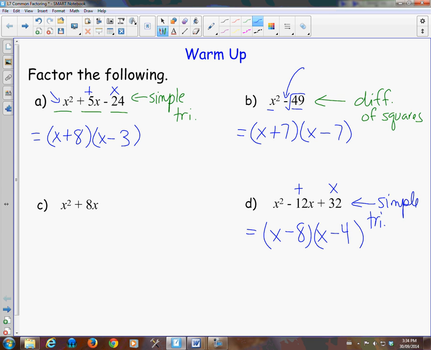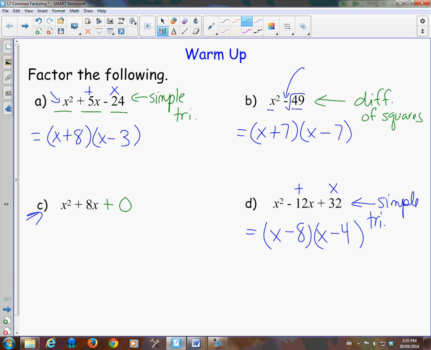This one in C does not look like a difference of squares because there's no subtracting, nor does it look like a simple trinomial because it's got an x squared and an x but no number. But you can think of it as being +0.